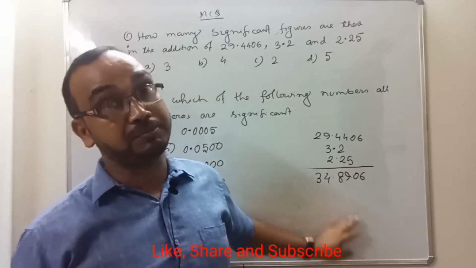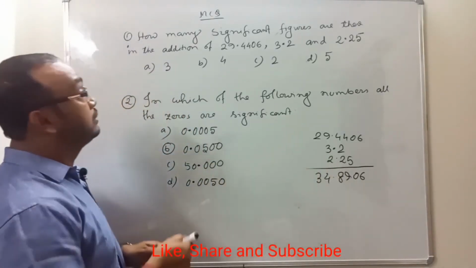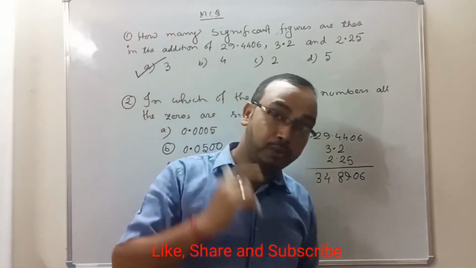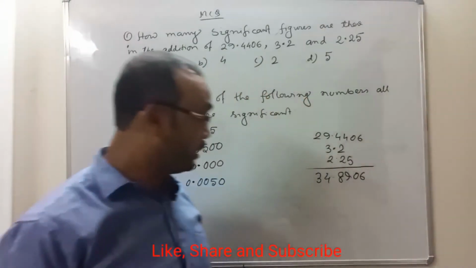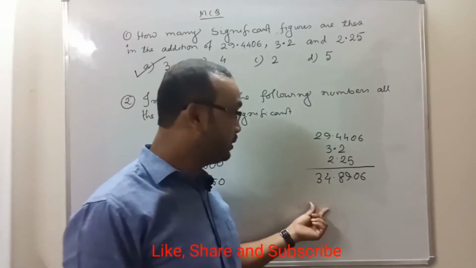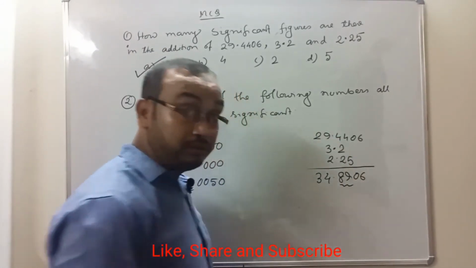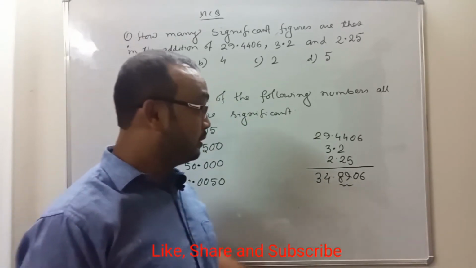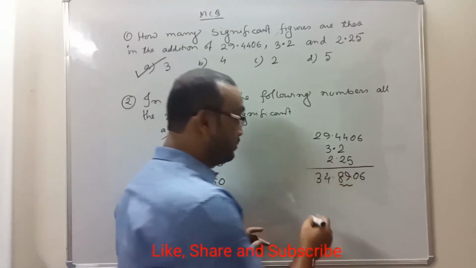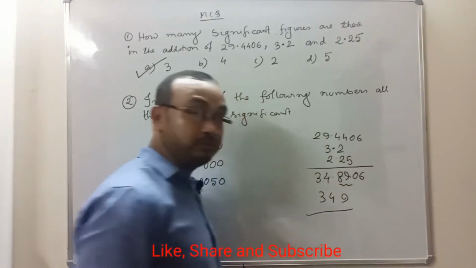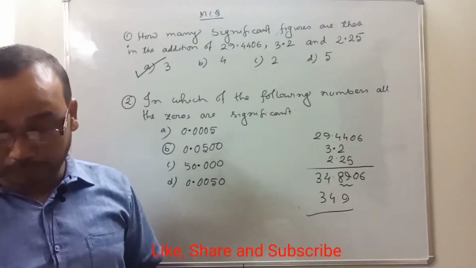So 34 point something means the answer will be 3. If asked for the value, what will we say? Near about 34.9. Its value will be 34.9.